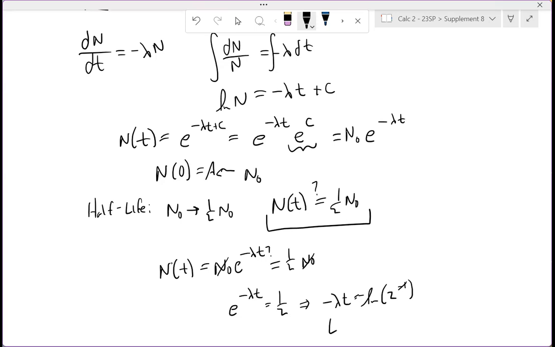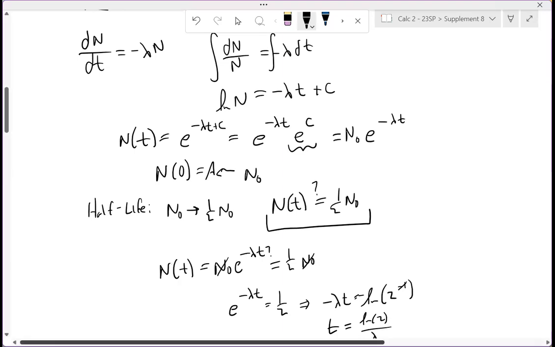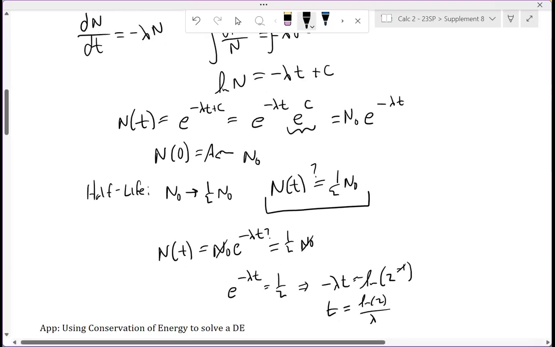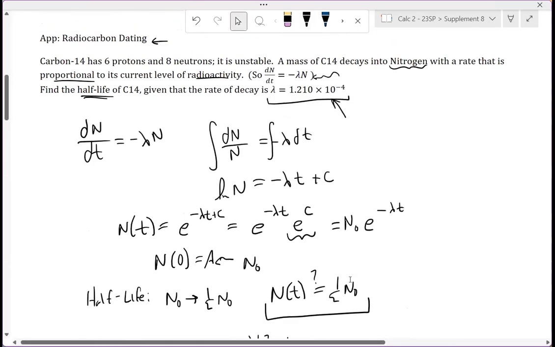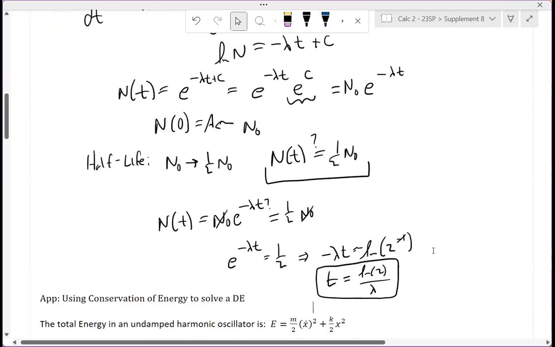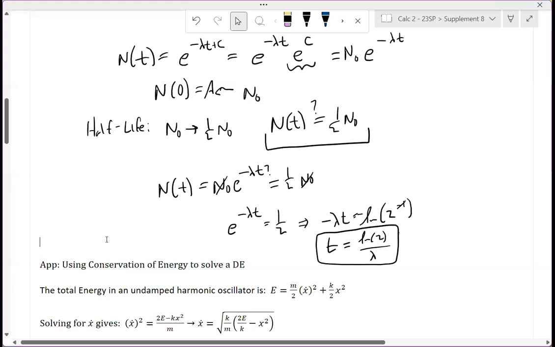And I see that the half-life, the time that it takes for the amount of radioactive material to be cut in half, is log of 2 over lambda. So that's the half-life. And we could plug in this value of lambda, and we could solve for that if we were interested in the actual numerical answer.